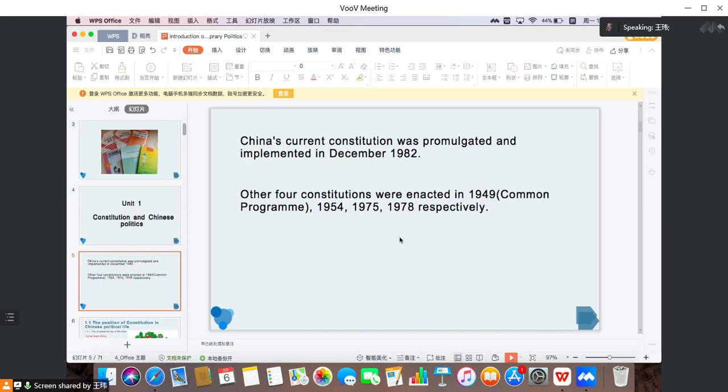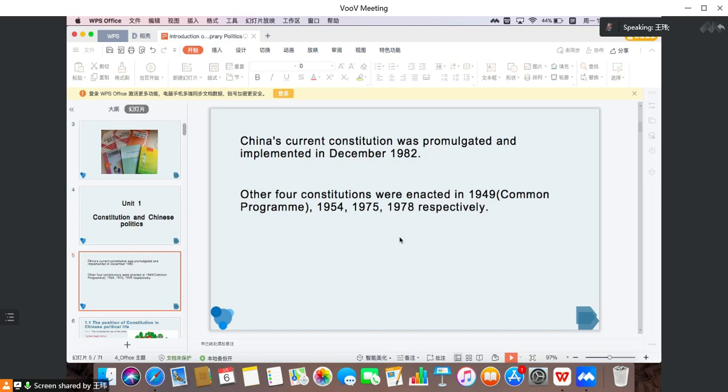These issues all happened in September 1949. But we know our China was founded in which month? Yeah, October 1st, right? So this first version, we didn't call it the constitution.